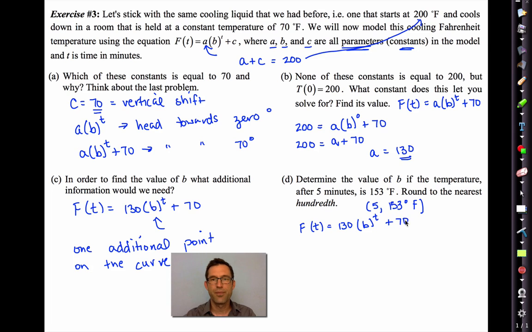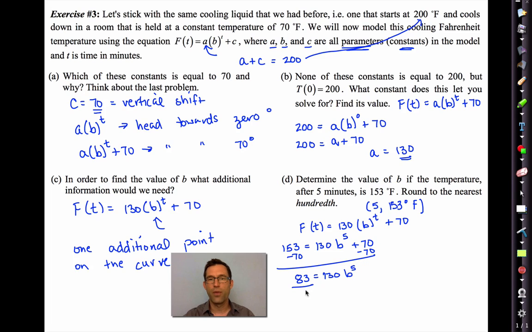All right. Well, again, right now our model is f of t equals 130 times b to the t plus 70. So what I'm going to now do is put 153 in for f. I'm going to put in 5 for t. And I'm going to solve for b. Now let's take a look at what we have. We've got b to the 5th times 130 plus 70. So the first thing I'm going to do is get rid of that 70. Right? And that's going to give me 83 is equal to 130 b to the 5th.